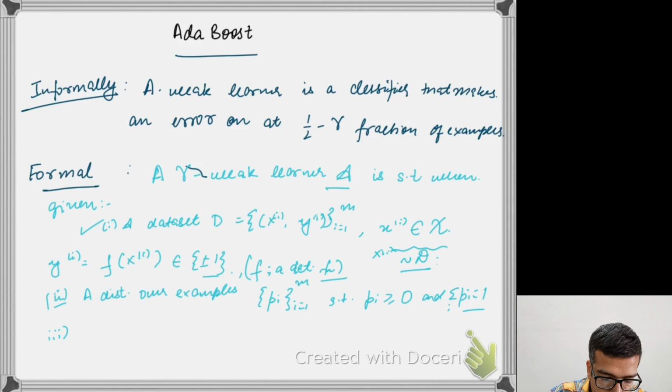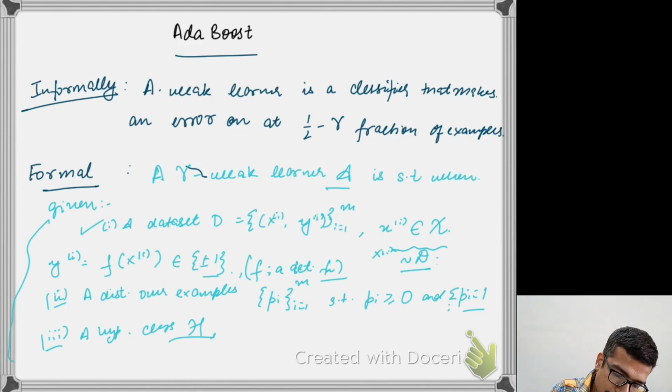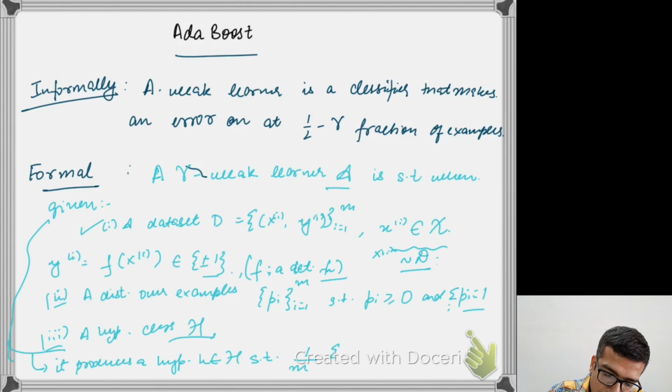And the third thing is a hypothesis class. So these are the inputs to my weak learning algorithm. Given all of these, it produces a hypothesis h in this class such that 1 by m times the sum over i of pi times the indicator function that it misclassifies an example, h of xi not equal to yi.